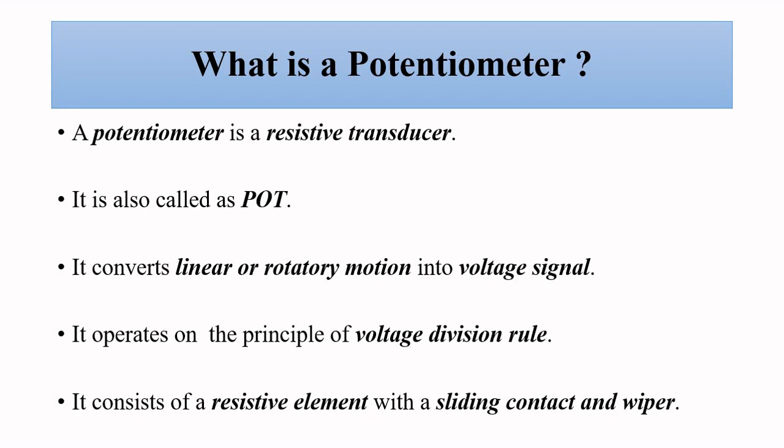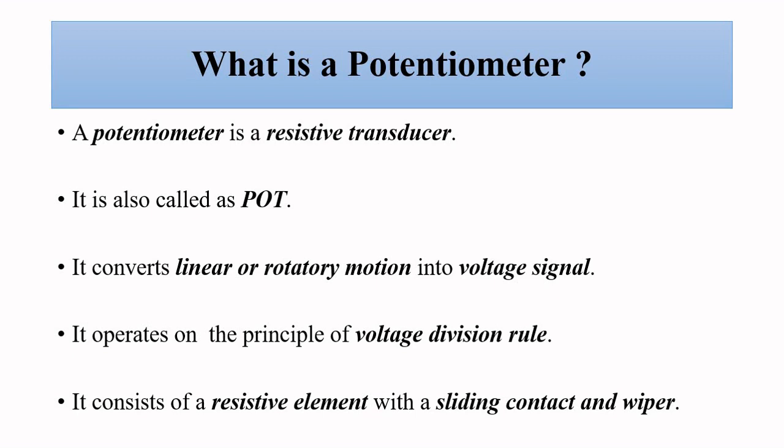So a potentiometer is basically a resistive transducer. It is primarily used for converting linear motion or rotational motion into a voltage or current signal, and it is based on the voltage division rule.